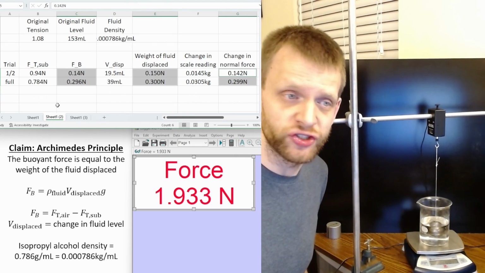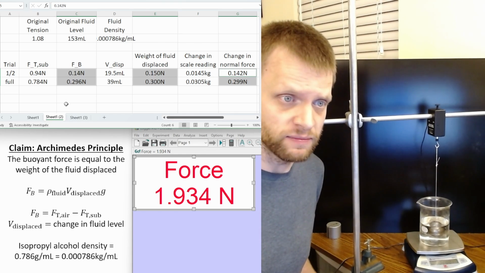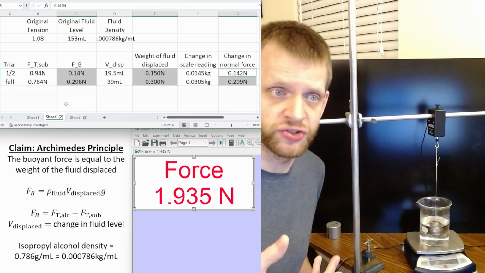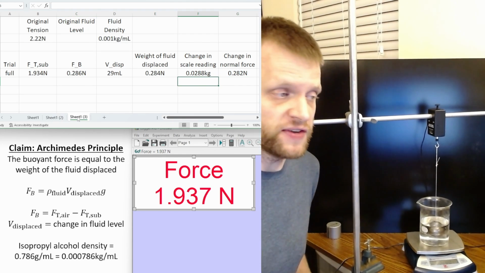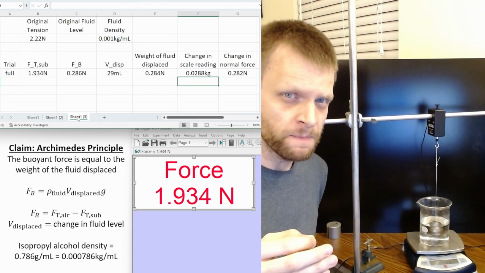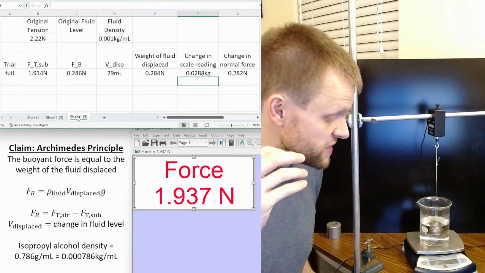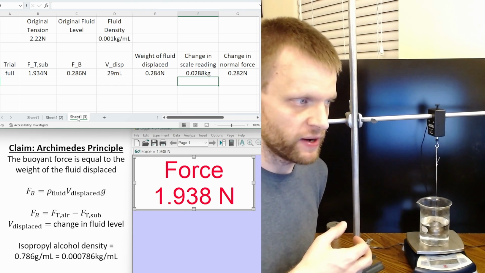It worked when we changed our fluid to isopropyl alcohol instead. We still got that match of the buoyant force and the weight of the fluid displaced. Or when we used the steel sphere. All of this is data that is consistent with the claim and would be very unlikely for us to have happened upon just by accident.